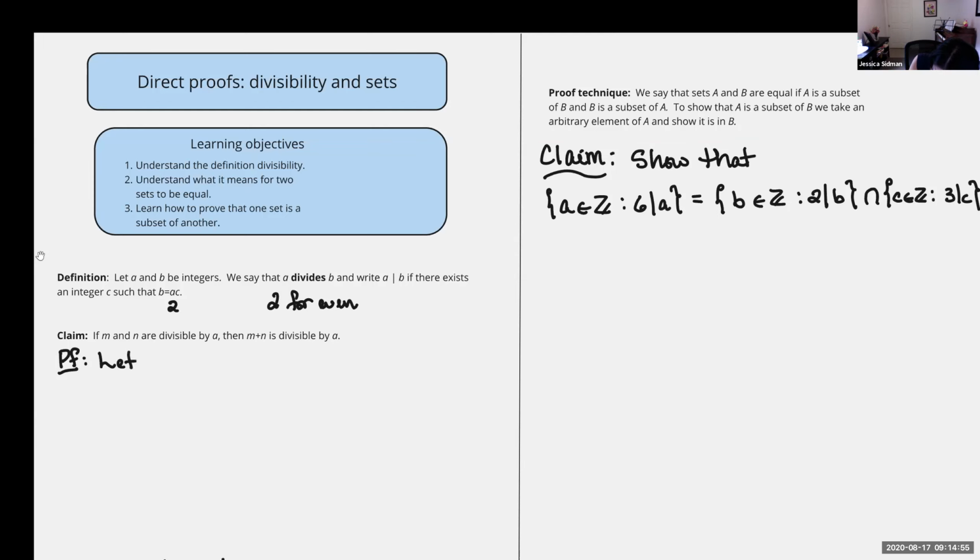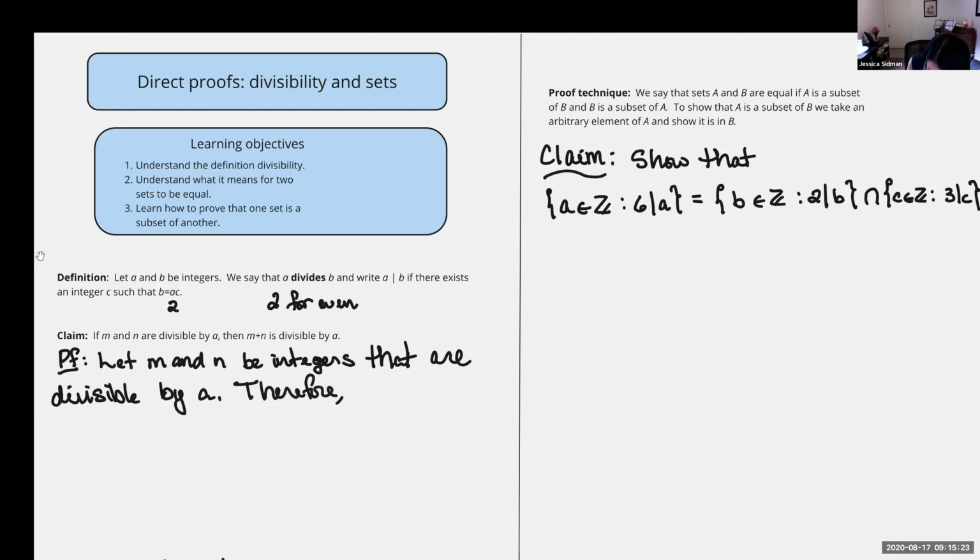Let m and n be integers that are divisible by a, and then I'll say, therefore, by definition. Now, if I were writing this for homework, I wouldn't write shortcuts, but sometimes when I'm in class or writing on the board, I'll use abbreviations for words instead of writing them out fully.